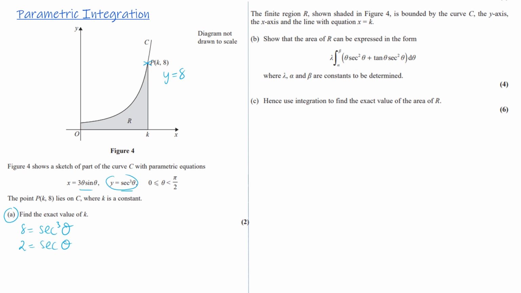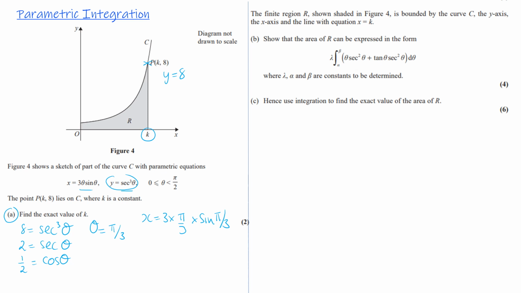Sec is 1 over cos, so a half is equal to cos theta, and then inverse cos of a half, theta is going to be pi by 3, and then we want the x value when theta is pi by 3, so x is going to equal 3 times pi by 3 times the sine of pi by 3.